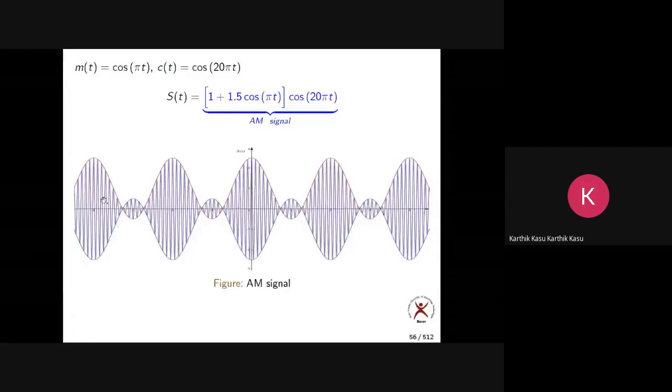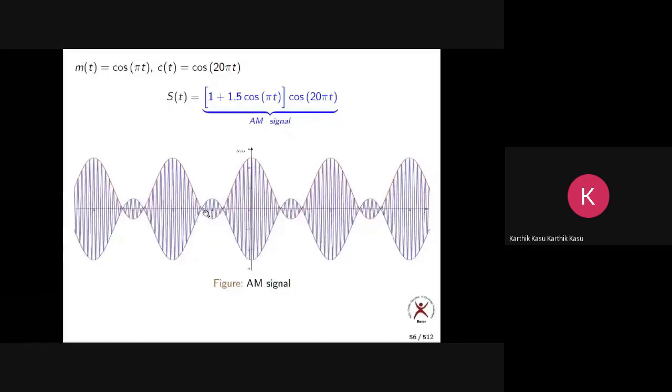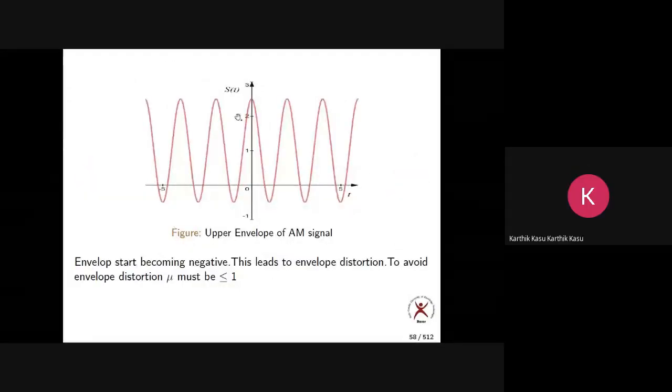Now, how is the envelope? What changes can you observe compared to case 1? The envelope is becoming negative. Yes or not? Now the envelope is crossing 0. Why?